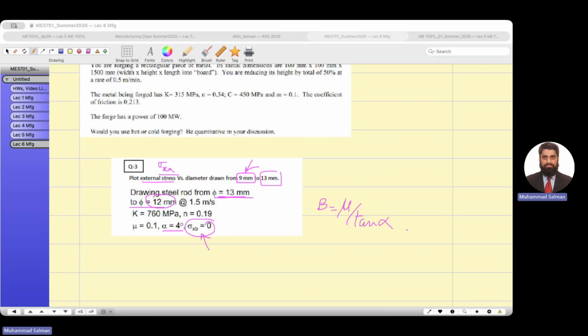Okay, let's do the extrusion. I want to show you the extrusion process now. We did some of the problems, remember?